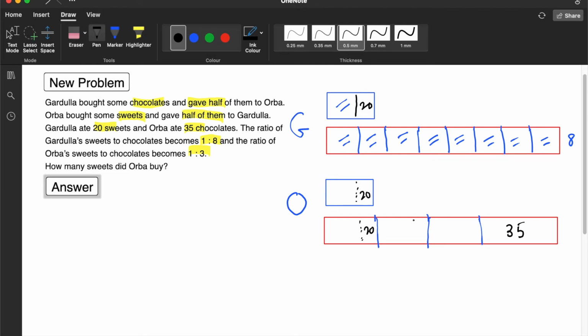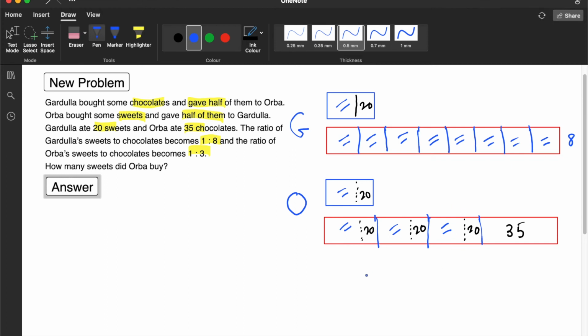There will be 3 of them. So why do we do this? We do this so that we only have one unknown unit, which is this small part here. So all these are actually the same unit. Here we have 8. Here we have 1, 2, 3 plus the additional 20, 20, 20.